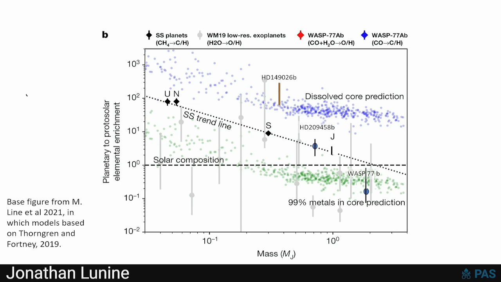There's a diagonal line that's drawn, which is the solar system trend line based on Uranus, Neptune, and Saturn, assuming that their carbon abundances are actually the overall heavy element enrichment, that is, that oxygen and carbon are enriched to the same extent. Jupiter was a little bit above that line in the original diagram. The oxygen result that I've described here brings it down to that line actually pretty nicely.